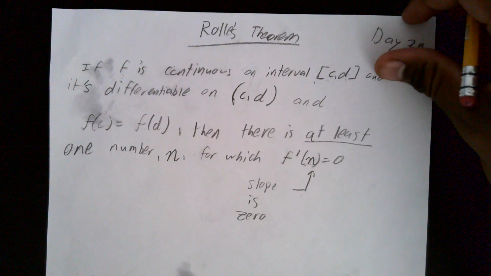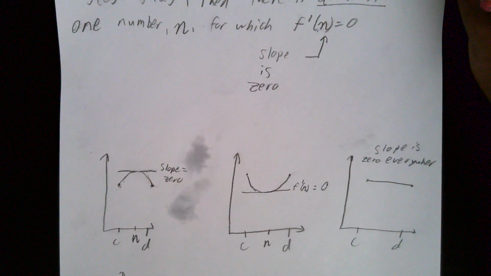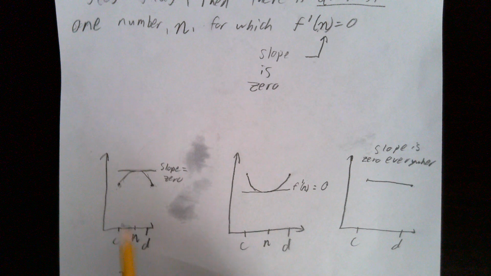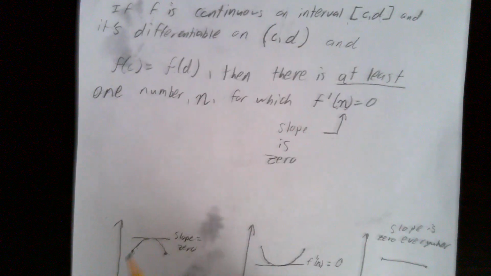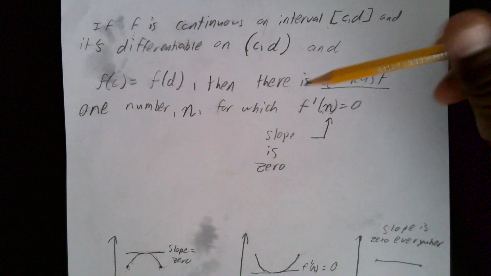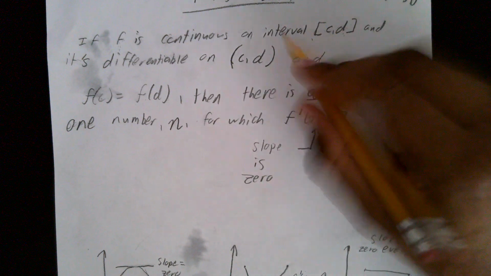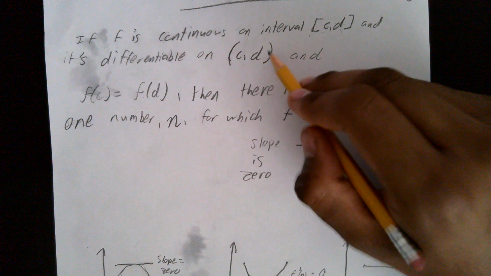This will hopefully become more clear with some pictures, some graphs. So let's look right here. We see we've got c right here, d right here, and f is continuous on the interval [c, d], and it's differentiable on (c, d). And don't forget, it needs to be continuous on this whole interval and differentiable on this interval.